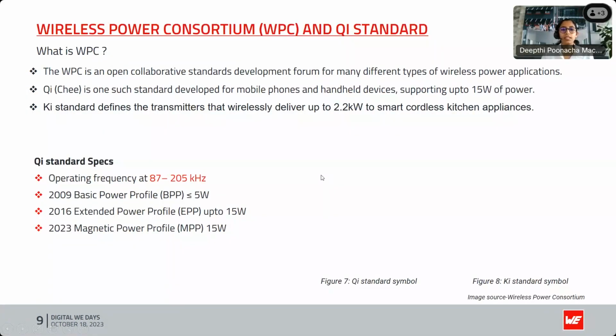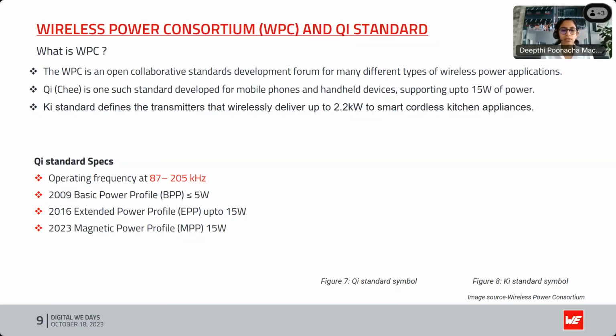Next, we talk a little bit about the Wireless Power Consortium. Like every new technology that is developed, there has to be a body governing this new technology where they define certain rules and standards so that we can design this new technology using these standards, thereby making it safe for everybody all over the world to use it.